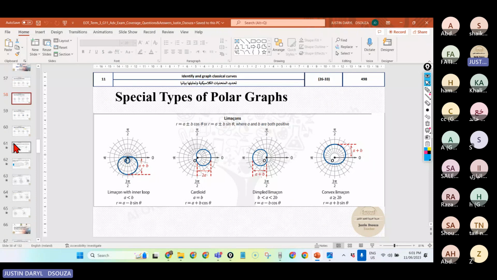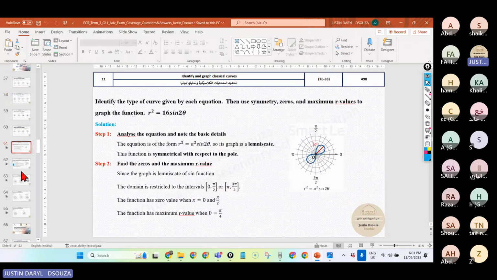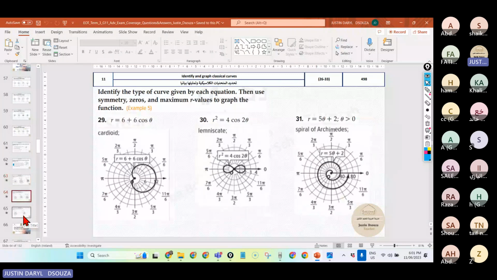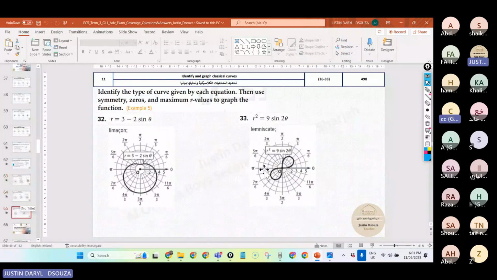I didn't get your question. Which question is exactly pertaining to that? It's not a question. You just said in the video to be careful, guys, they might bring a graph of a lemniscate with another loop inside that loop.